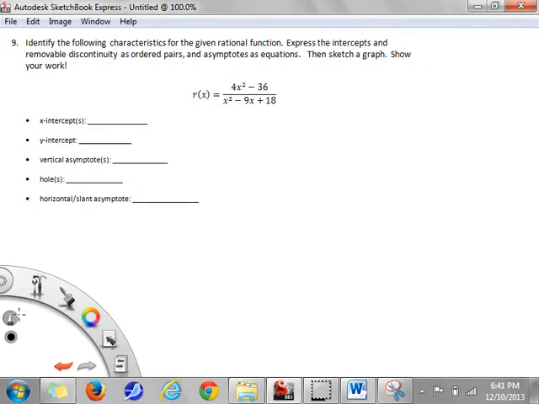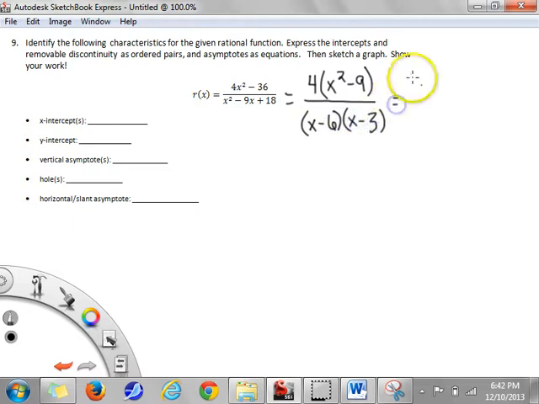Okay, identifying characteristics of rational functions. First thing you want to do before anything is write this in factored form, because some of these characteristics are easier to find in standard form and some are easier to find in factored form. The numerator has a greatest common factor of 4, and then in the denominator that would factor to, we need two numbers that multiply to 18 and add to -9, -6 and -3.